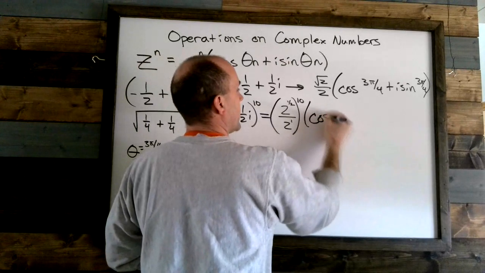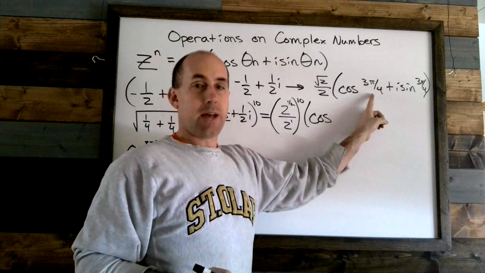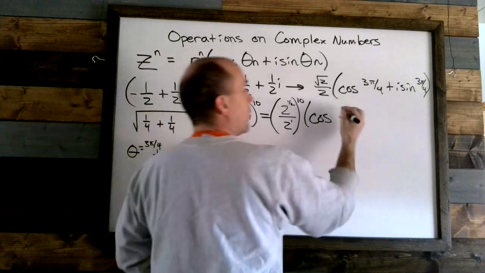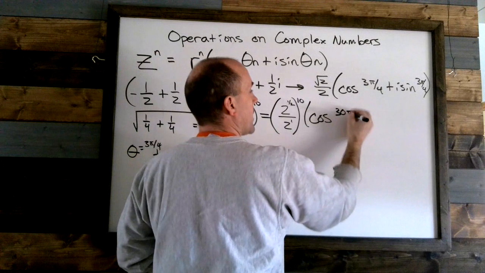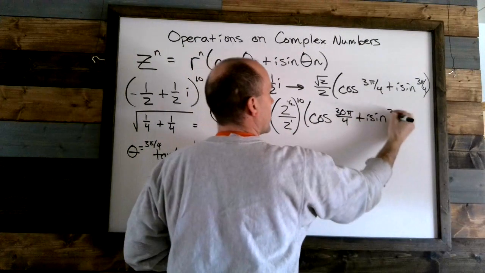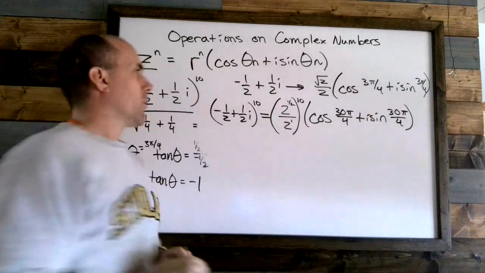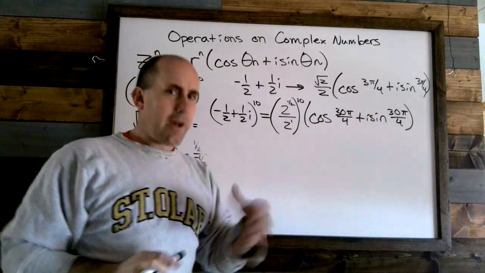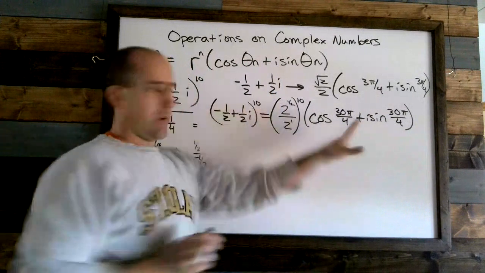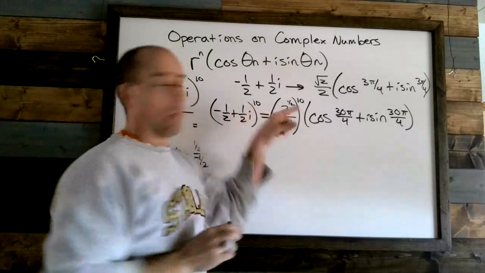Times the cosine of, what do we do with the angles? We multiply them by 10. So we have 30 pi over 4, plus I sine of 30 pi over 4. Okay, we got some simplifying to do here because we can't leave our answer like that. Power to a power, we have 2 to the 1/2 to the 10th.